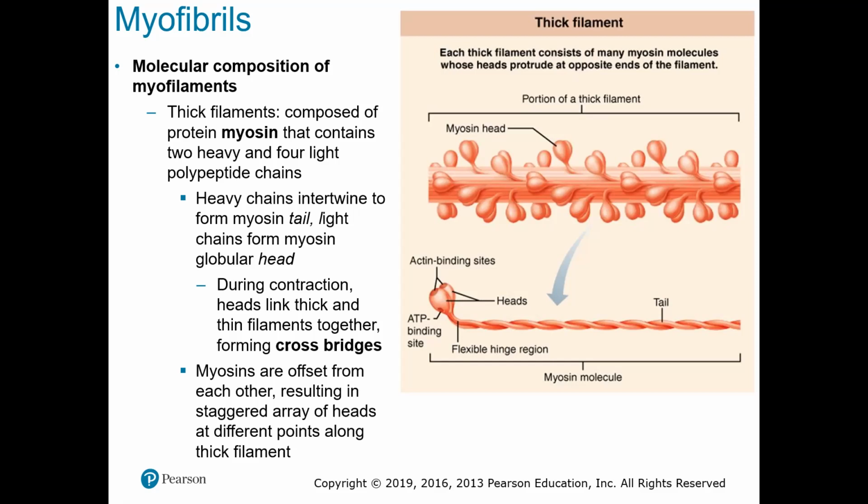Every thick filament is made up of about 300 myosins, and every myosin has 2 heads. And the heads are arrayed so that if they move, they all move towards the middle of the A band. The myosin heads can pivot, but they pivot in the direction of the middle of the A band. So whether they're on the left side of the A band or the right side, when the myosin heads pivot, they pivot towards the middle.